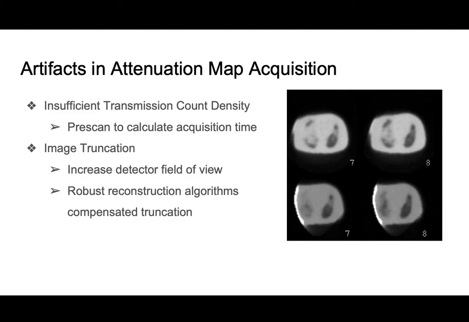The top row is the image without truncation, and the second row is the one with truncation. As you can see, the left side of the patient's body is truncated, and it leaves bright signals. This can be solved on both the software side and the hardware side. For hardware, we can increase the detector field of view to cover more of the patient's body. For software, we can use a reconstruction method that's less sensitive to truncation.